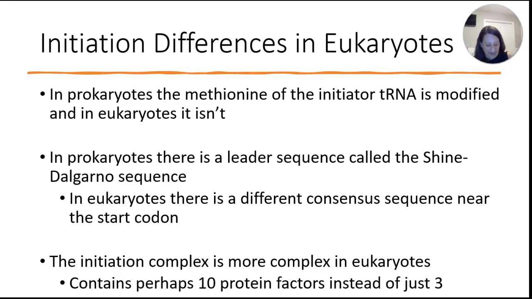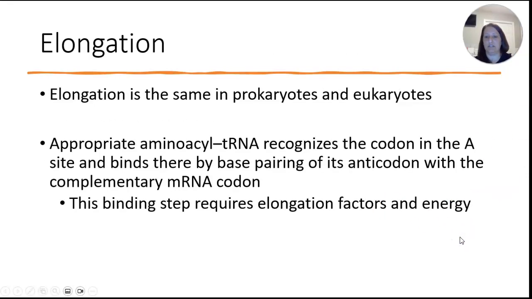Lastly, the initiation complex in eukaryotes is much more complex. So instead of just 3 initiation factors, there's upwards of 10. But that is initiation in a nutshell. The second stage of translation is elongation.